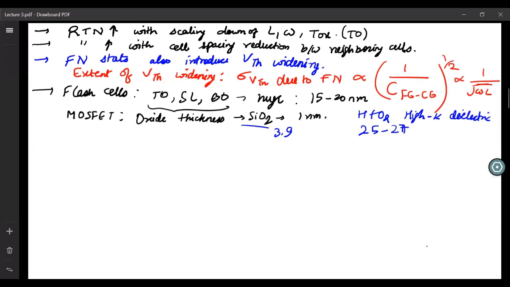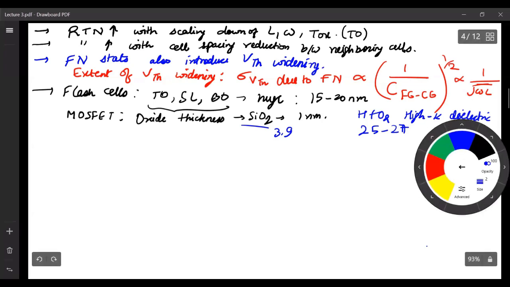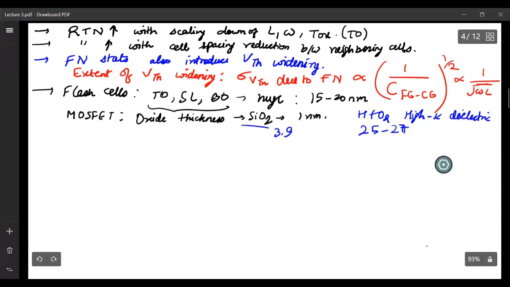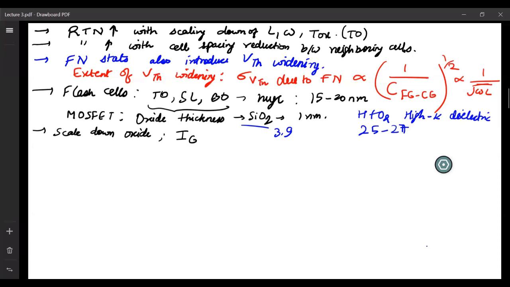But what happens is, as you scale down, let me write that as well. As you scale down your gate oxide, there is direct tunneling and some other trap-assisted tunneling mechanisms as well. Because of that, there is a finite gate current. That reduces your input impedance.